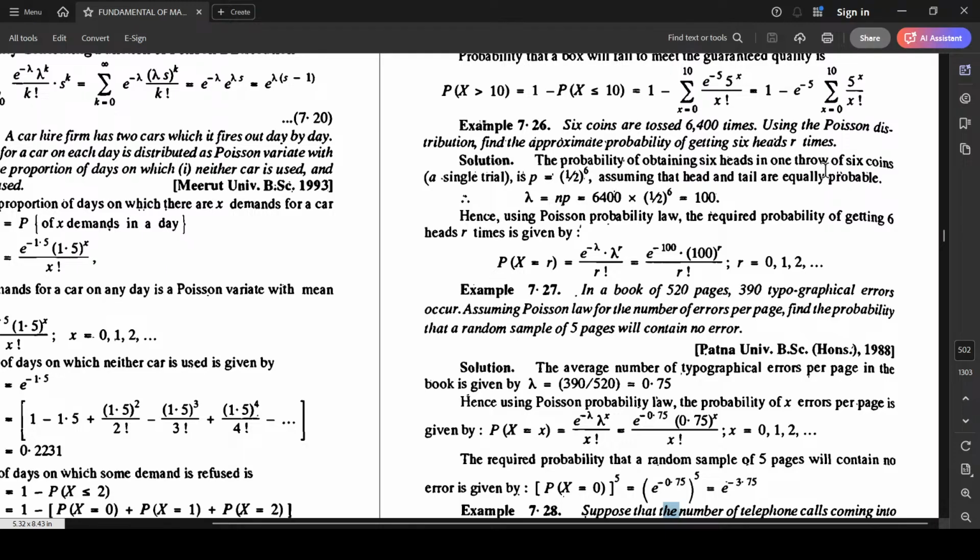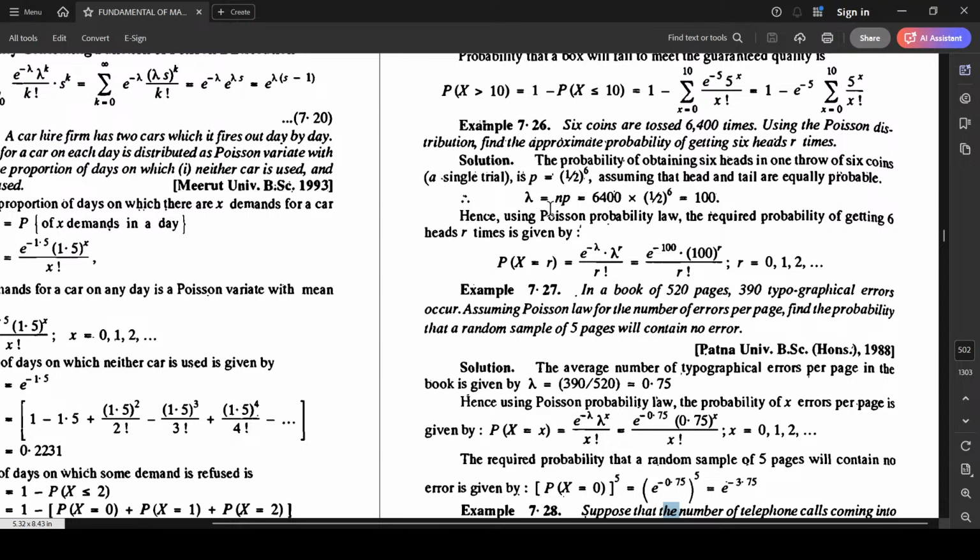So six heads r times. In one set, that is six coins, the probability of obtaining six heads in one throw of six coins is 1 by 2 to the power of 6. Yes, that's what I was saying. Half to the power of 6.